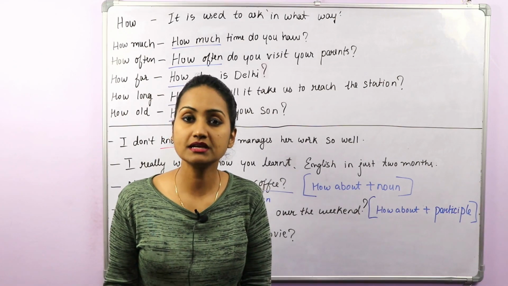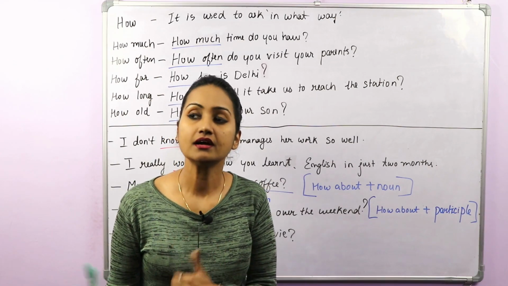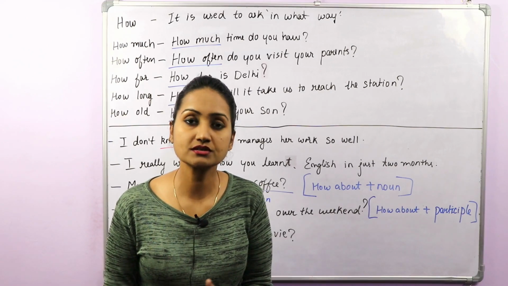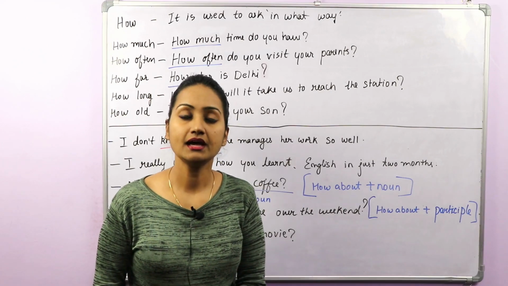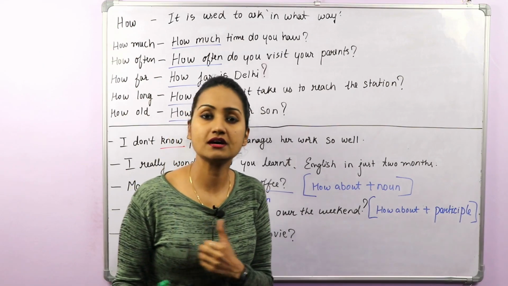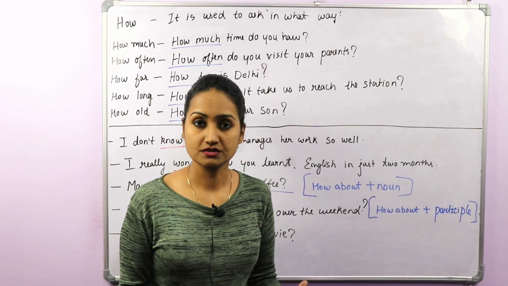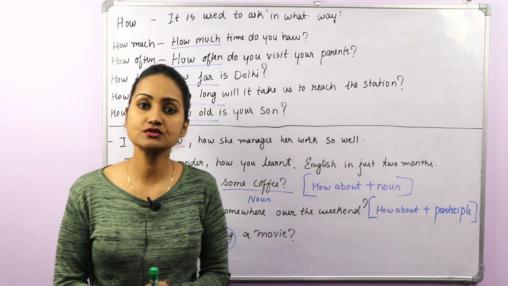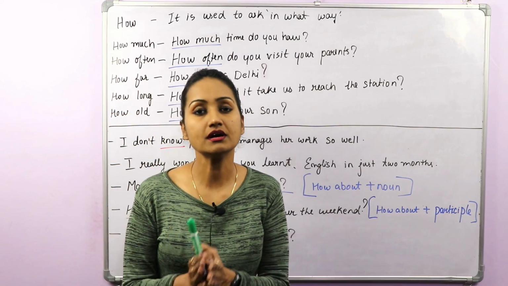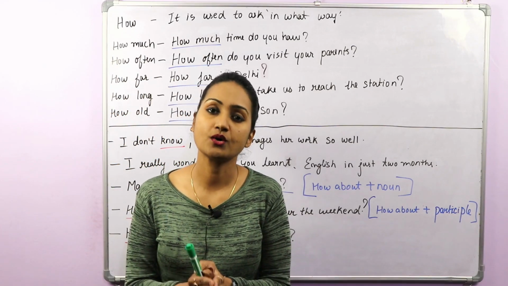Okay, how much money, how much time do you have, how much sugar do you want, how much water, and how many candies, how many cars, how many chairs. Okay, so for countable nouns we use how many, and for uncountable nouns we use how much.